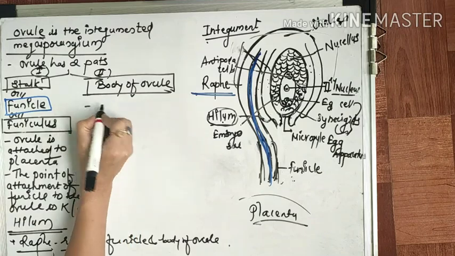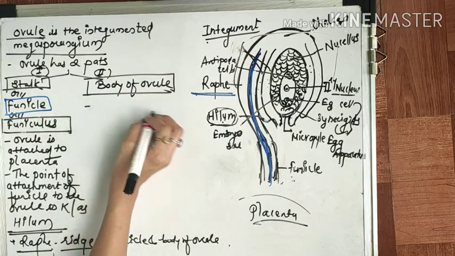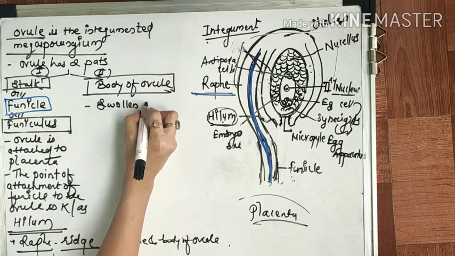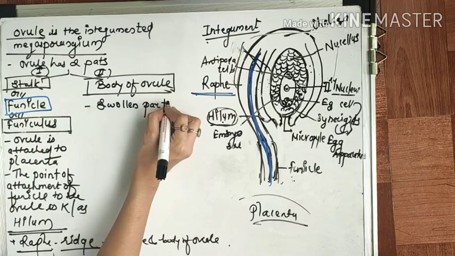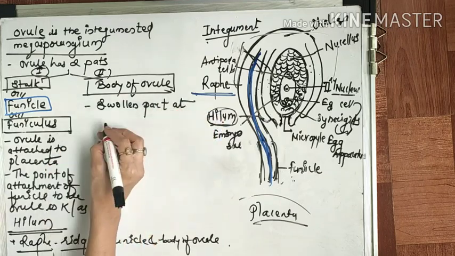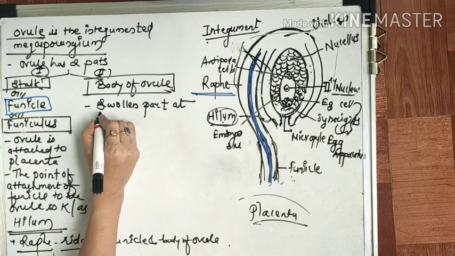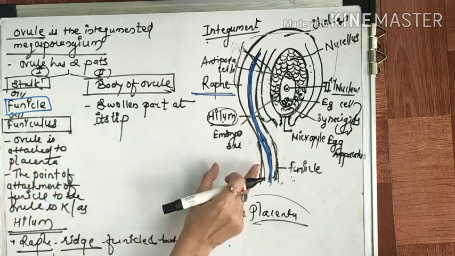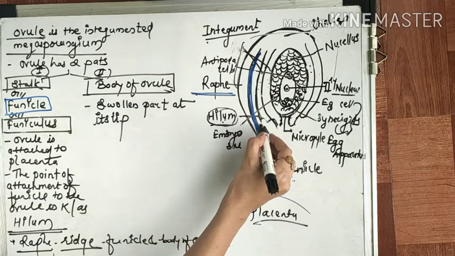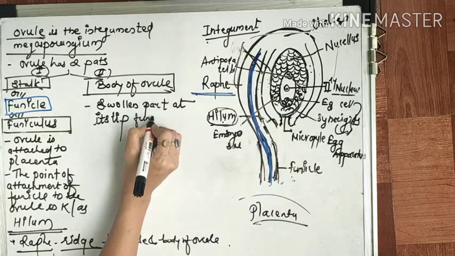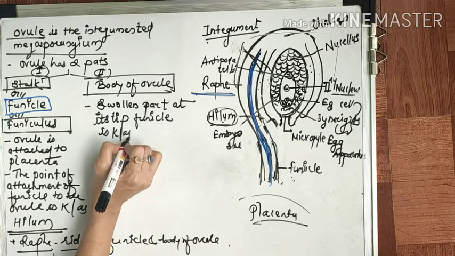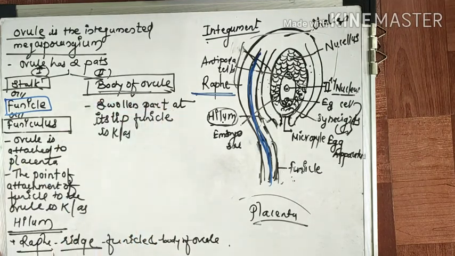So here you can write it down: the swollen part at the tip of the funicle is known as body of ovule.